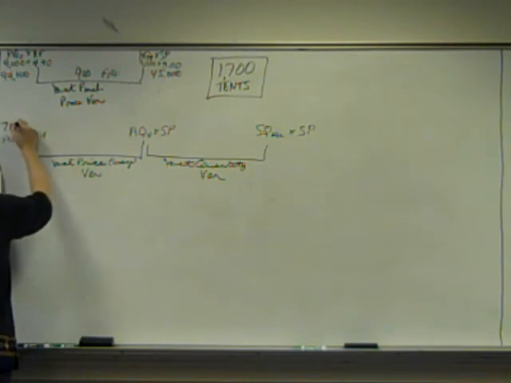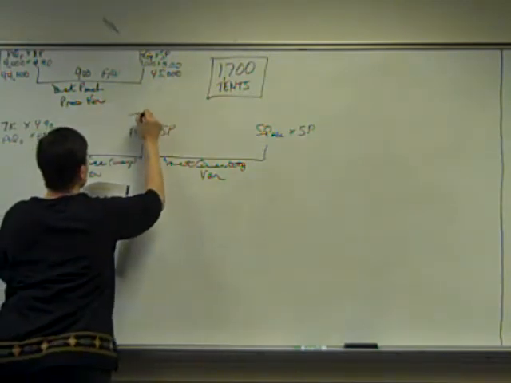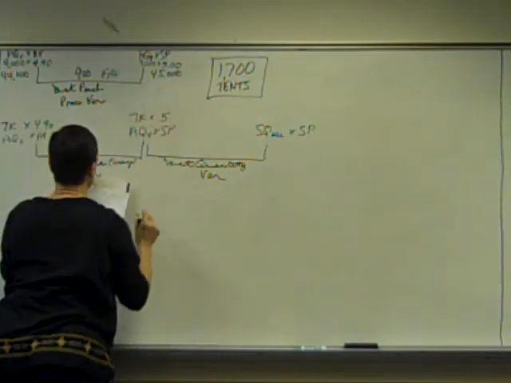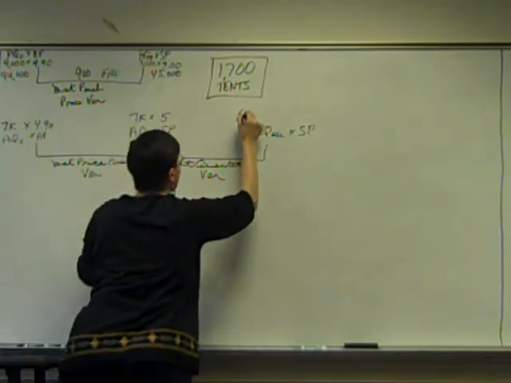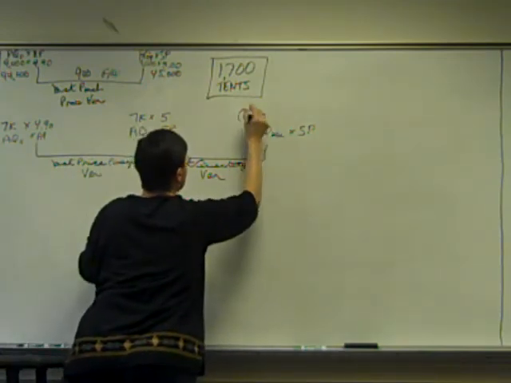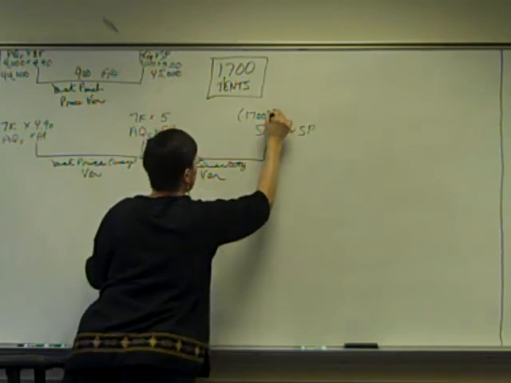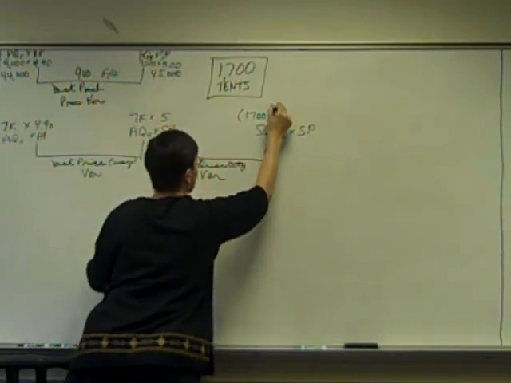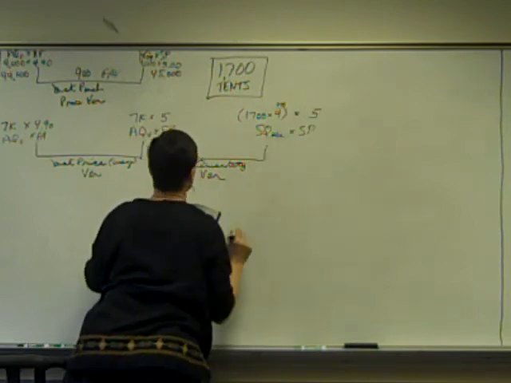We used 7,000 yards of material and paid $4.90. We should have paid $5. For the 1,700 real tents that we made, our standard said we should have used 4 yards of material, and we should have paid $5.